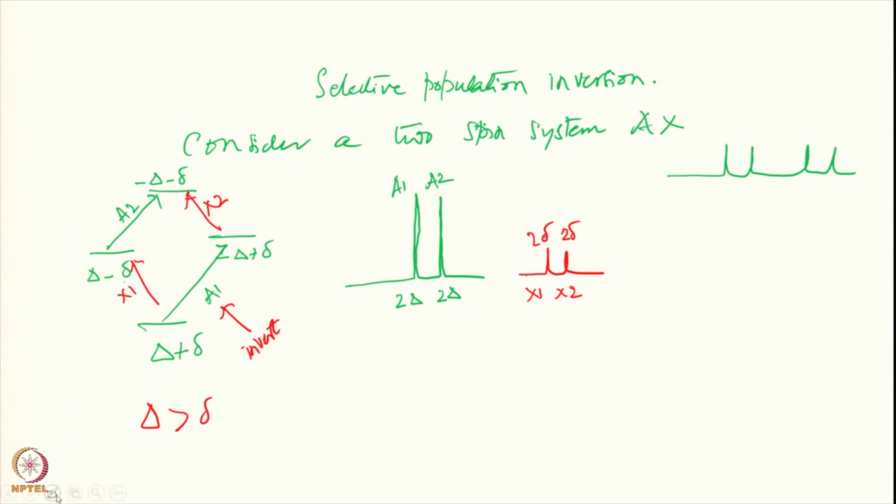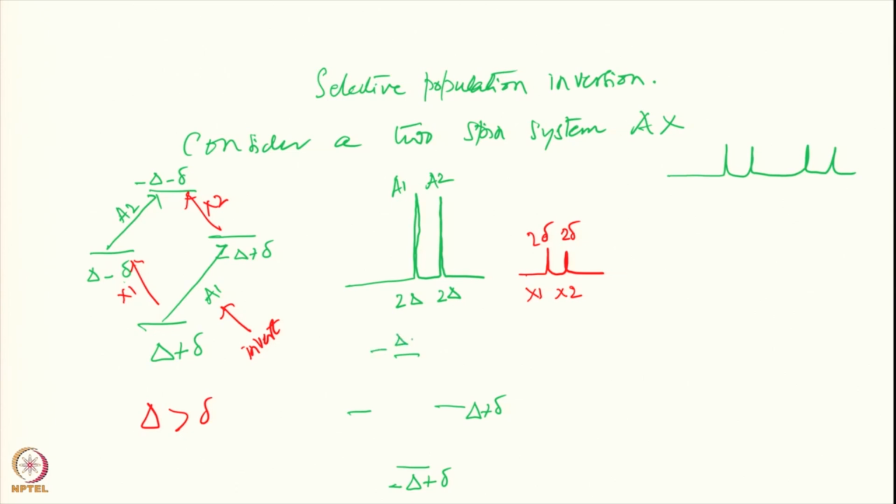So, now what will be the populations of the 4 levels? Now, I will draw these levels again here. This population becomes this. So, this will be minus delta plus delta, this will go there, delta plus delta. Okay, I am inverting only this, I am not changing anything else.